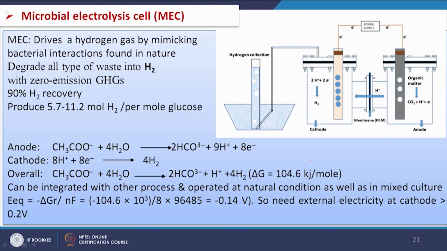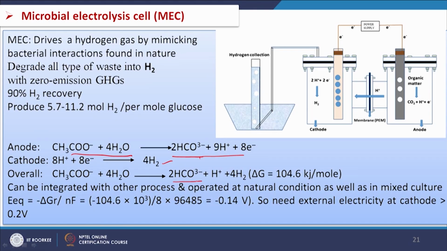For example, if we have acetate, in the presence of microorganisms it will be converted to 9H plus plus 8e minus and 8H plus 8e minus, that will give us 4H2 at the cathode.